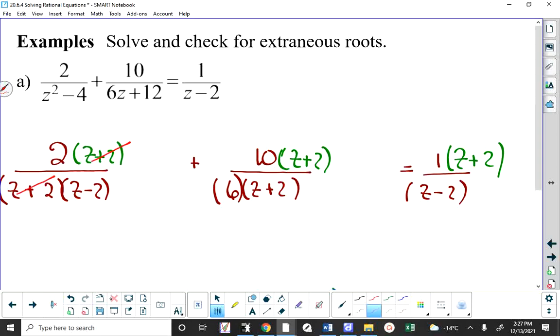Yeah. And, as an added bonus, I will have eliminated that. But I've got a z minus 2 that's still there, so I have to multiply everything by z minus 2. I hope you see where this is going. It's going to be the same thing we're multiplying by. It's just the thought approach is different.